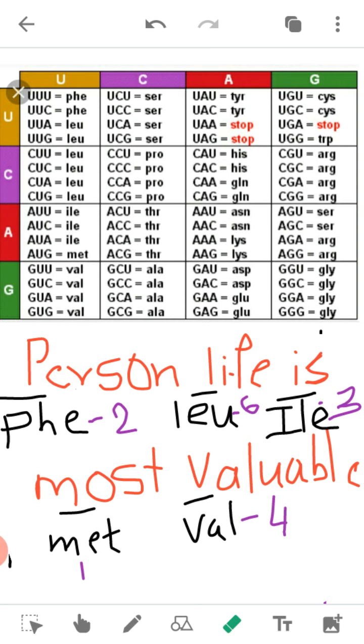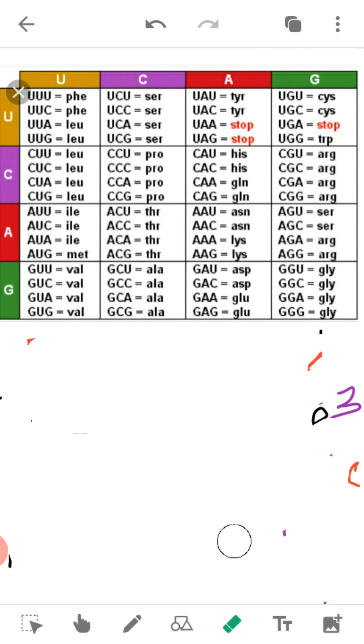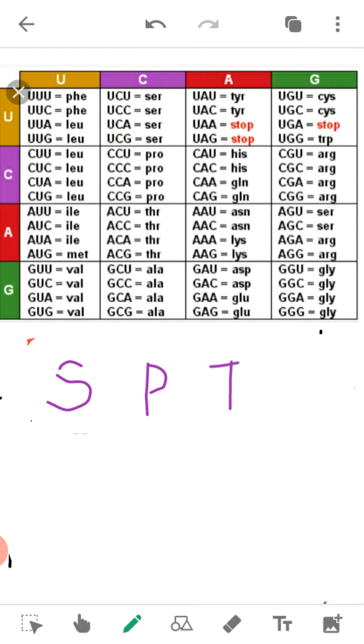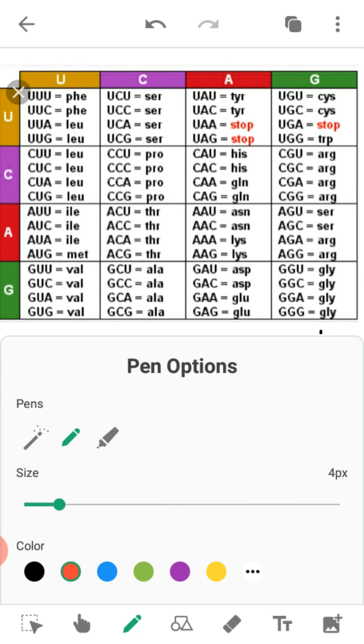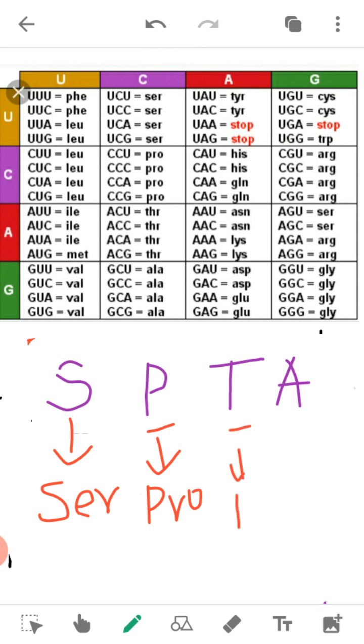For the second column, we can easily remember it by the mnemonic SPTA. Here S is for serine, P is for proline, T is for threonine, A is for alanine.